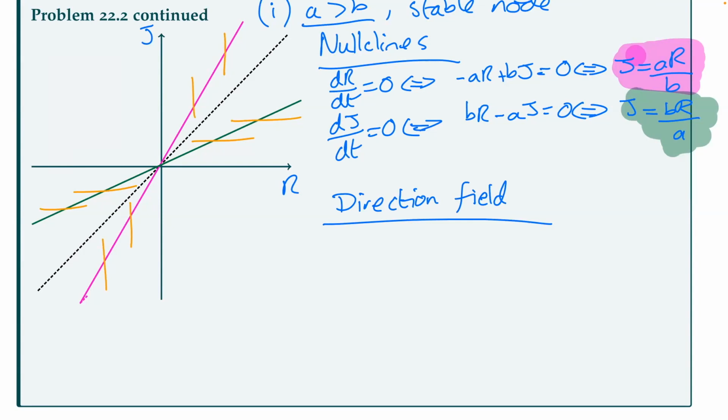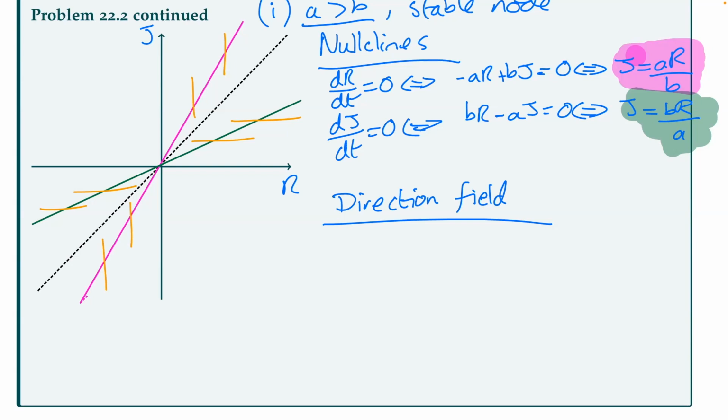We have an equation for dj/dt from the original equations, and we know what our j value is on that line, so we substitute this j into dj/dt. And likewise for the other one. Doing that will give us the signs of dr/dt and dj/dt in terms of r and j.